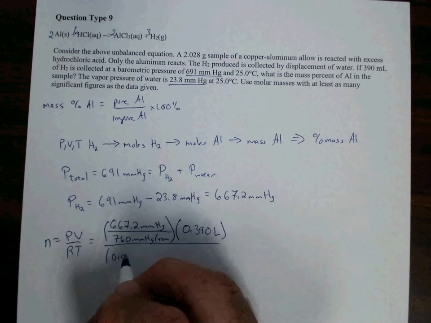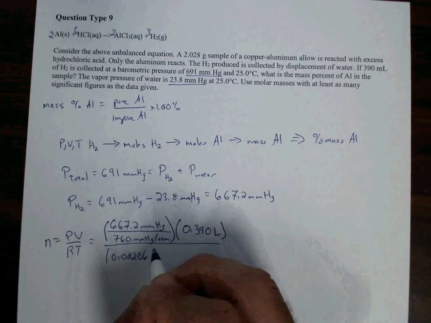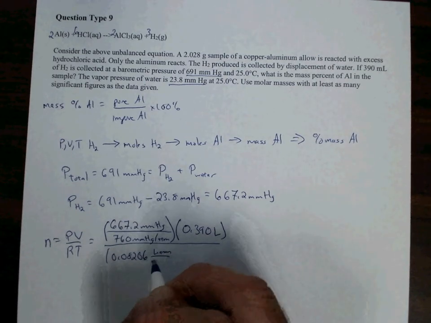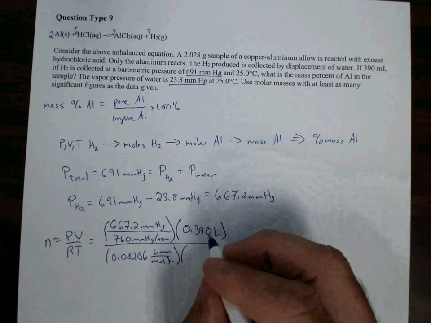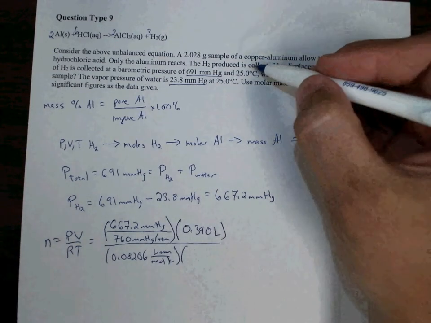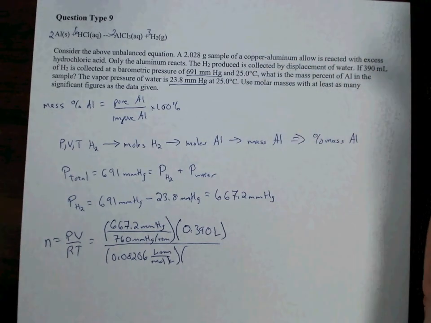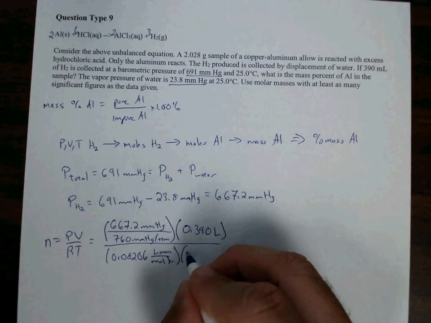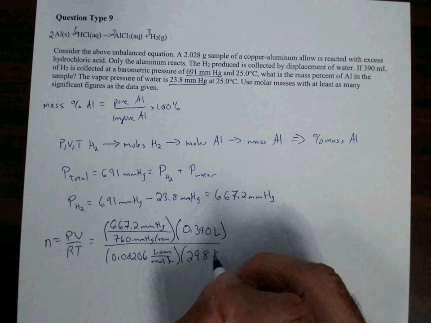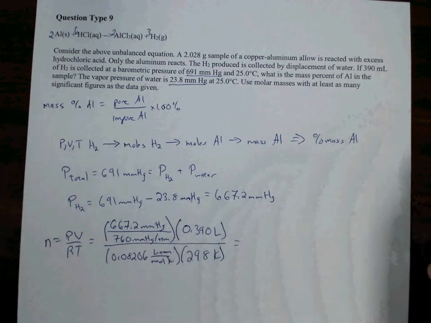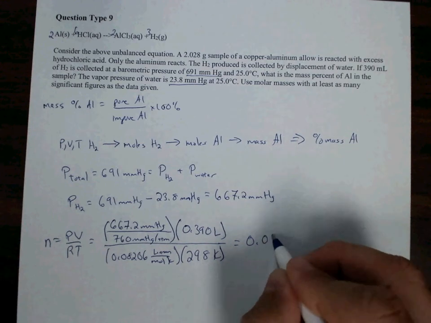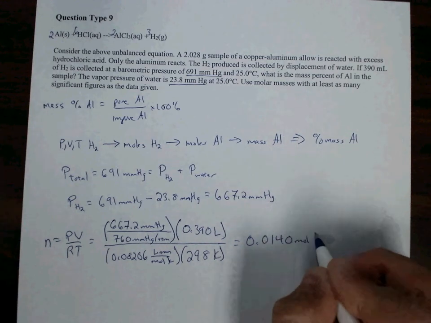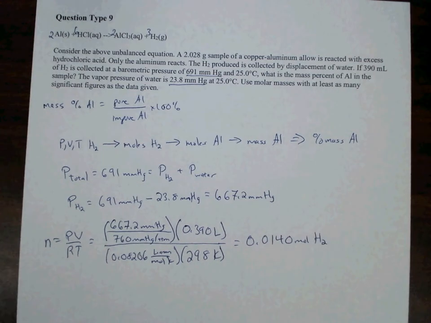Divide by the R value, 0.08206 liter atmospheres per mole Kelvin. And then we're going to multiply by the temperature in Kelvin. Well, temperature is 25 degrees Celsius plus 273, which would be 298 Kelvin. Plug this into your calculator, you get 0.0140 moles of H2.